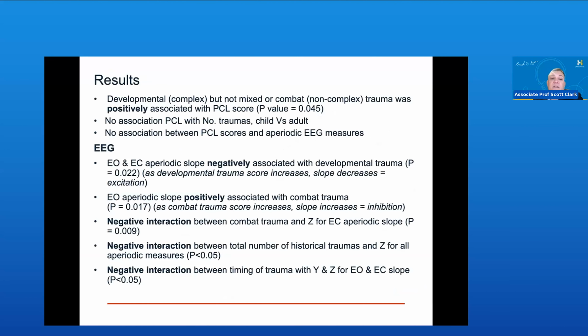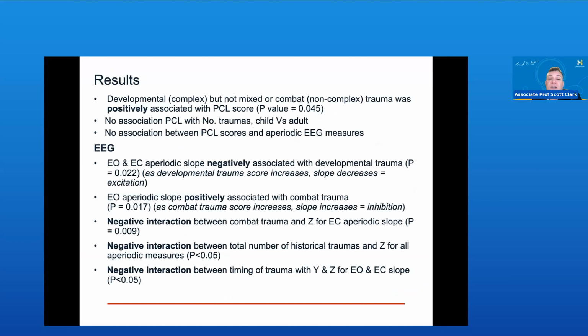What we found was that developmental, but not mixed or combat trauma, was positively associated with PCL scores. This is consistent with the other results. People that had childhood trauma were more likely to report PCL trauma symptoms.